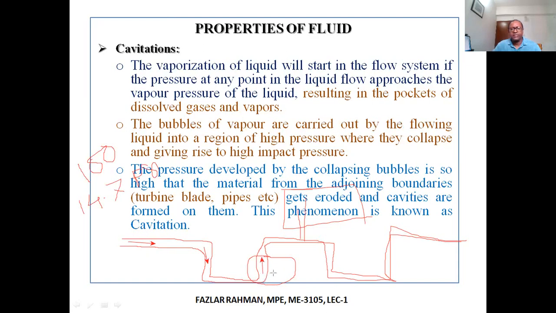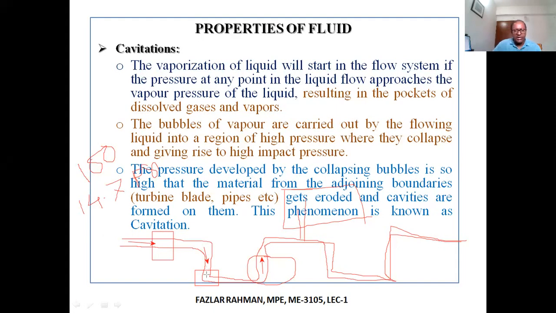Okay, say there is a pump. Say for example, right over here, you are flowing water or any liquid at normal pressure, say atmospheric pressure and room temperature. I'm just saying pressure is 14.7 and water is flowing at normal temperature.